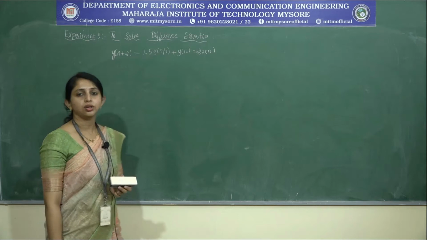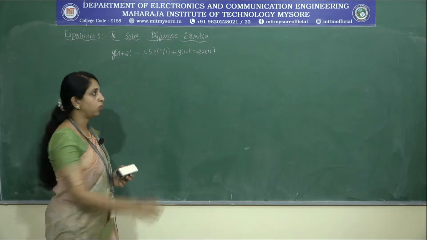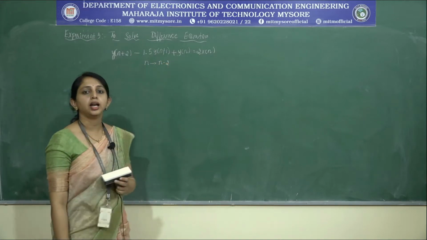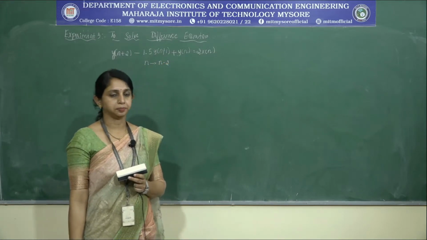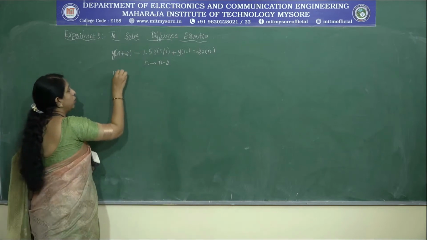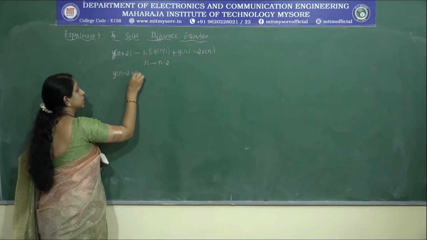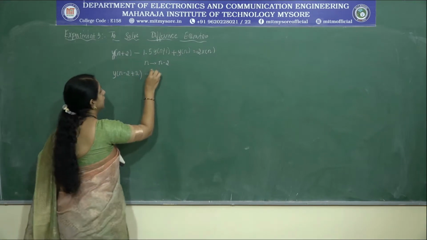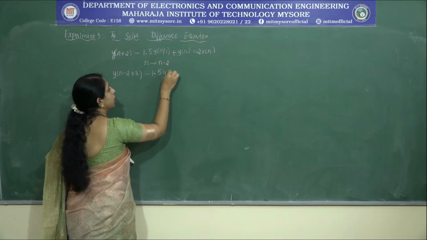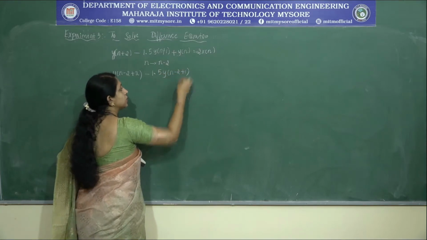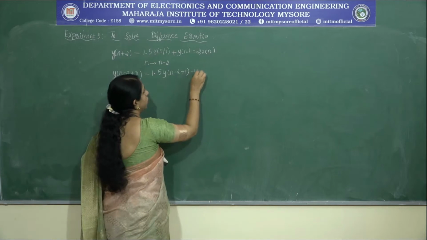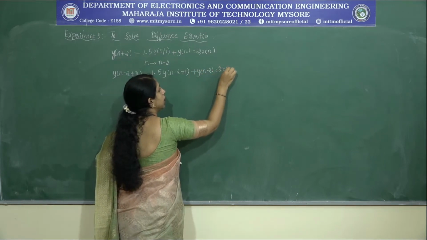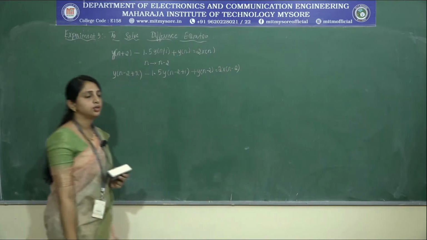For this equation, let us replace n with n minus 2 just to get an output equation y of n. y of n minus 2 plus 2, y is replaced with n minus 2 minus 1.5 y of n minus 2 plus 1 plus y of n minus 2, which is equal to 2 into x of n minus 2.